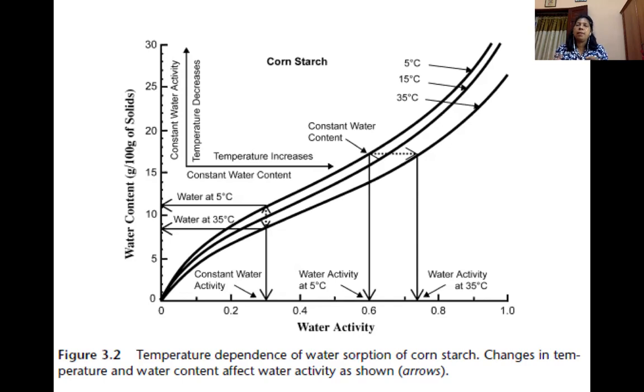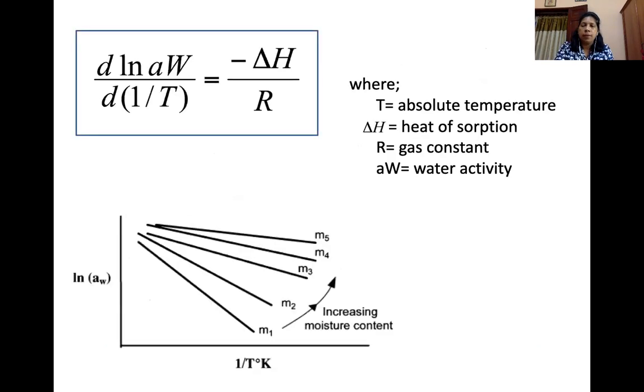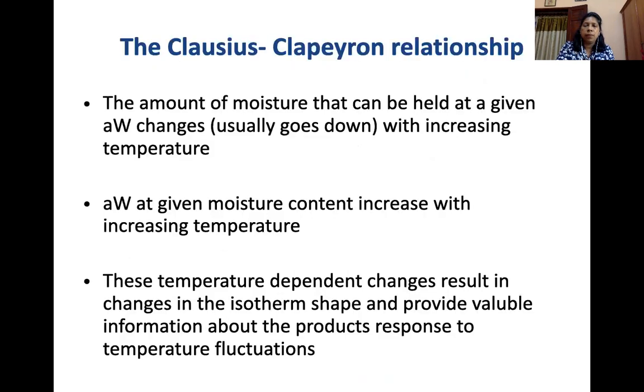Then even for the same product kept at different temperatures, you can see how the water activity is changing, right? So if the water activity is changing, we should know what kind of response will be given by the product.